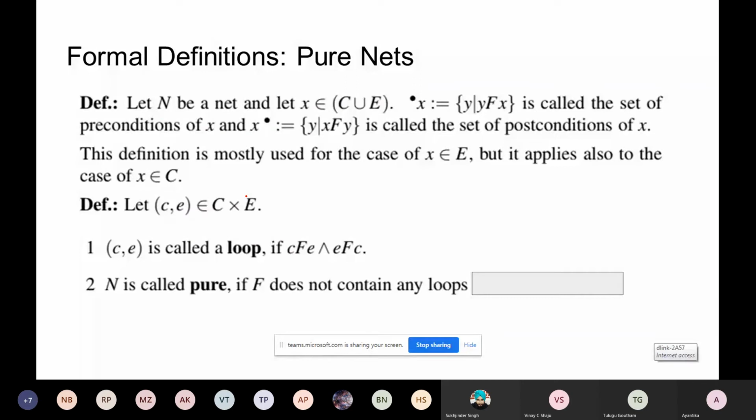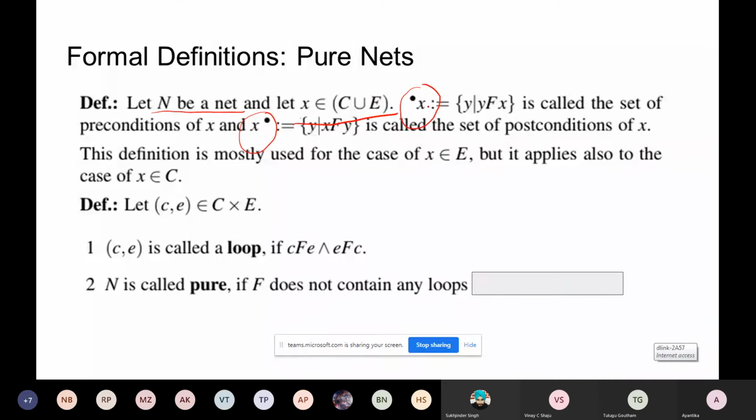So what is a pure net? To understand the pure net, we have to understand what we mean by loop. Here you can see the formal definition. Let N be a net. Now you know what we mean by net and what conditions are to be satisfied for N to be a net. Here we have x, an element of C union E. And this is the precondition of x. So we are defining preconditions in this way: you can see a dot prior to x, and here a dot after x.